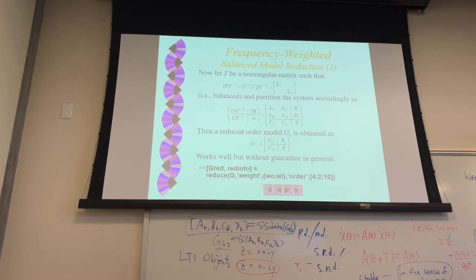So good news is you do have a command, it's called reduce, okay? Using input weighting filter, output weighting filter, then give an option, and you do this reduced model, so that you can add those filter things.